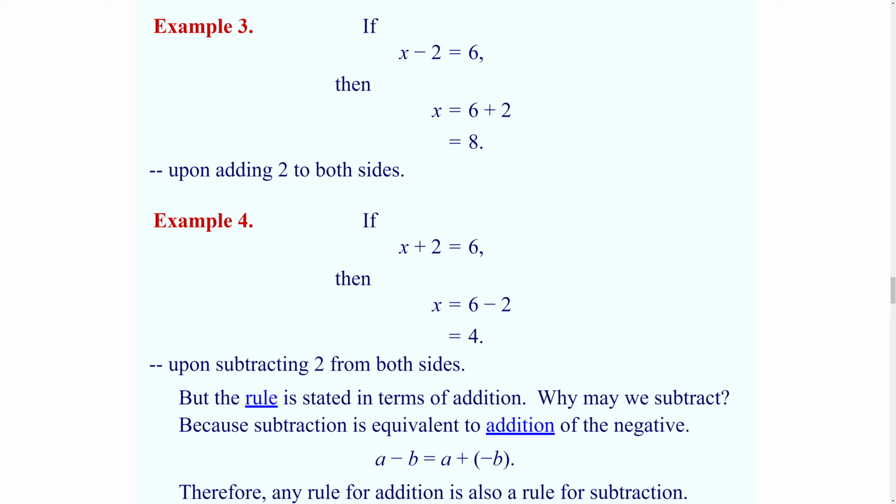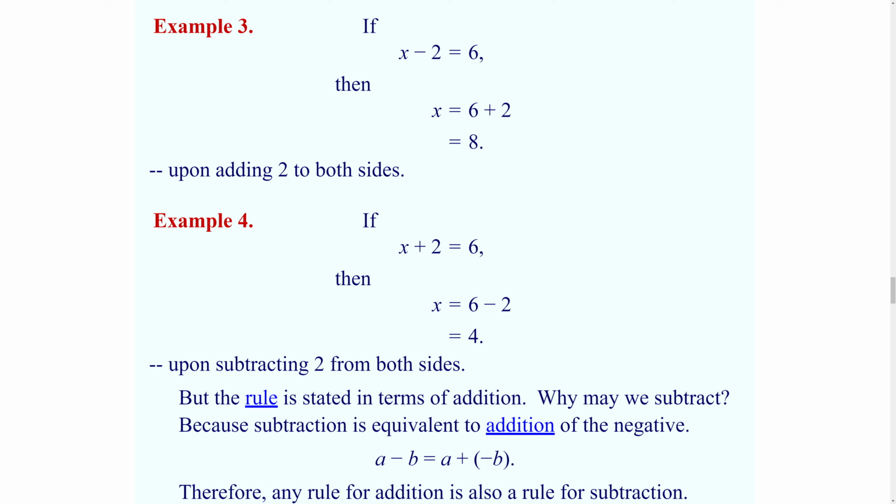Right, example 3. We've got this equation, x minus 2 equals 6. If we add 2 to negative 2, we would cancel this negative 2 out. Remember what we briefly just spoke about, the additive inverse.